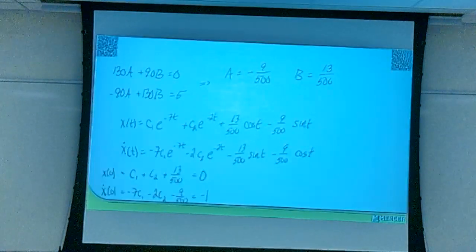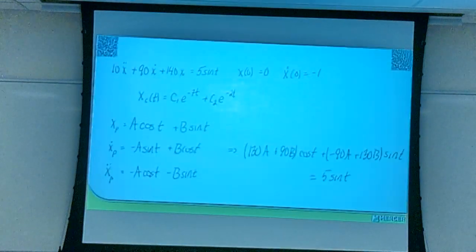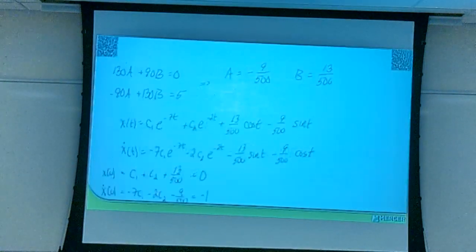Wait a minute, hold on. I need to make a slight change. I mixed up my A and my B. A was attached to cosine, not sine.